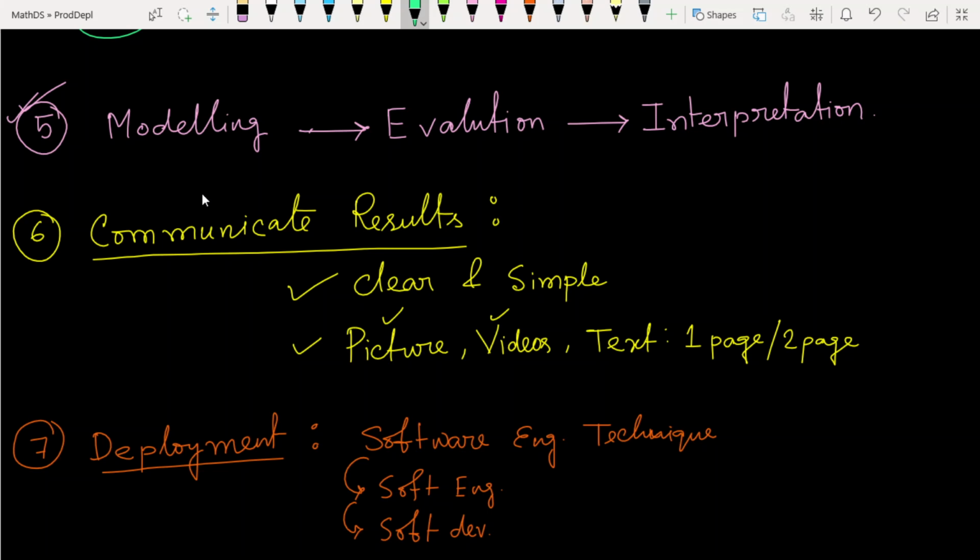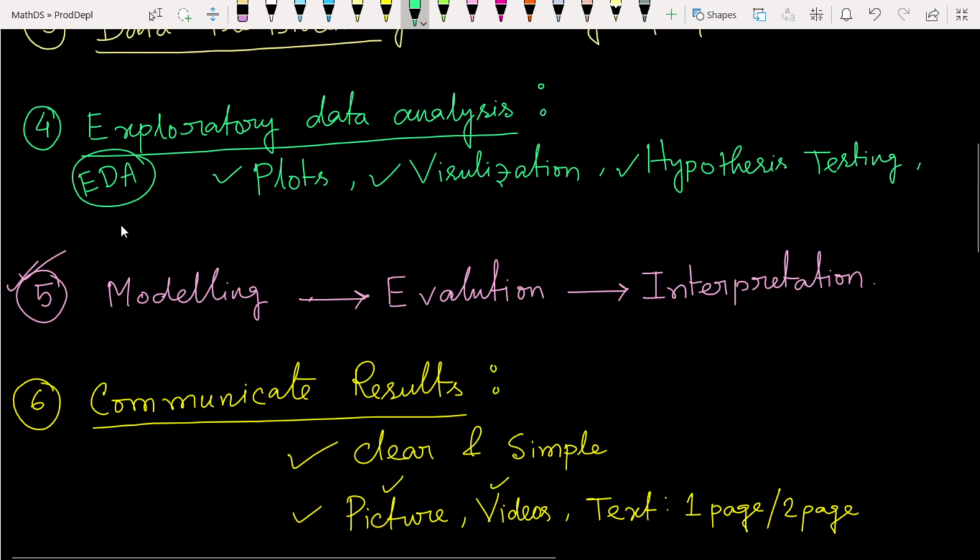So we need to understand what kind of models are actually better, to give better output at a low cost. That's what we have to consider. Because of these reasons, the EDA step is very important to understand.